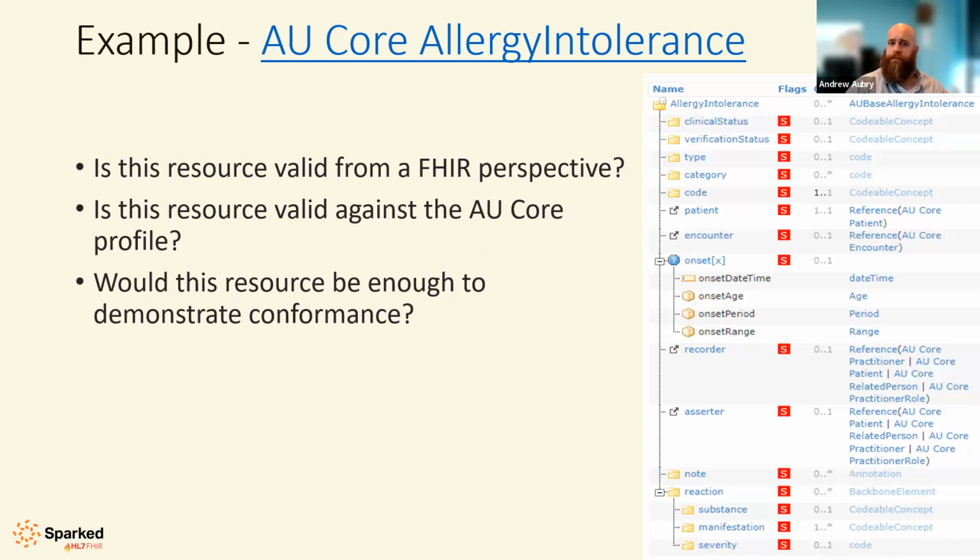So we're going to look at some actual JSON objects and look at what is there relative to the profile definition, what may be missing, is that resource valid, and how would we use that resource towards conformance attestation for something like allergy intolerance or any of the other resources and profiles we look at.